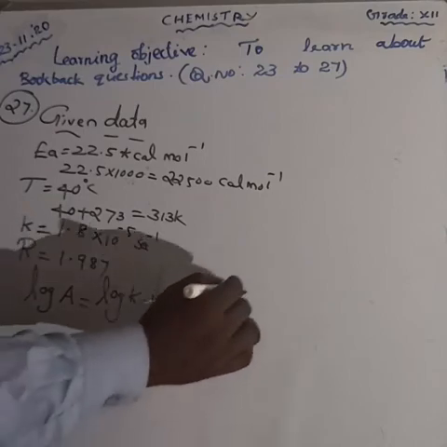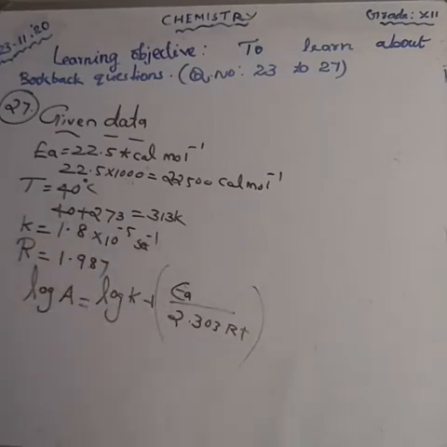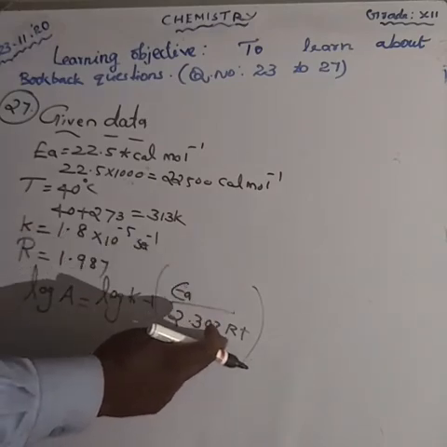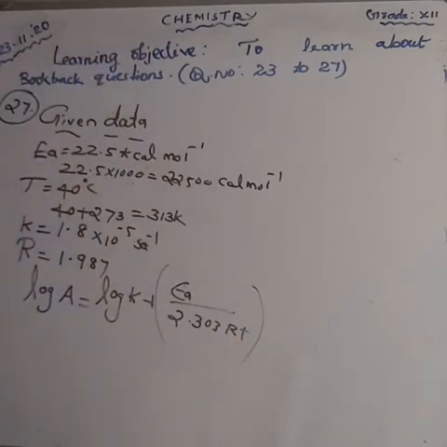This is the formula. Clear? Then we can substitute the values. Which values are given? K is given, EA we have, R we have, T we have, everything we have. So we have to find out the value.